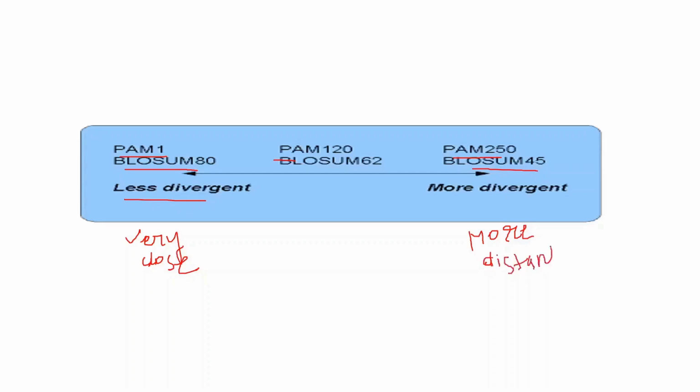You have to remember: for very close sequences, use a low PAM value and a higher BLOSUM value, and for more distant protein alignment, use a higher PAM value and a low BLOSUM value.